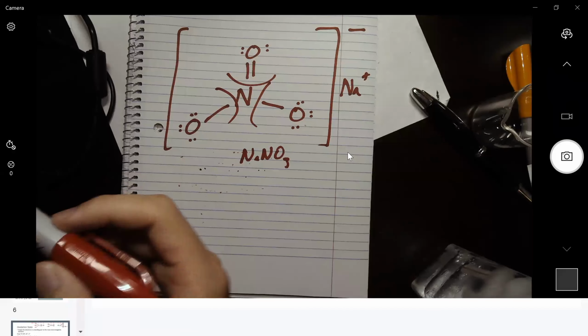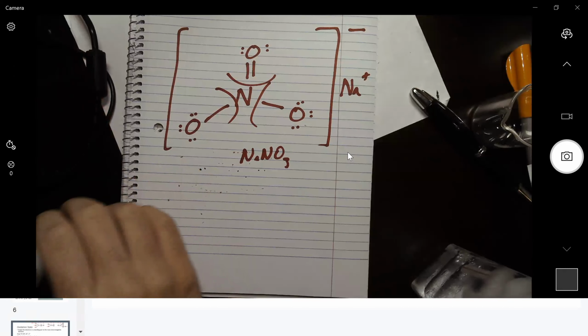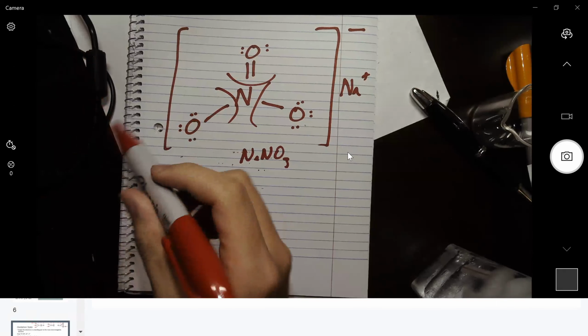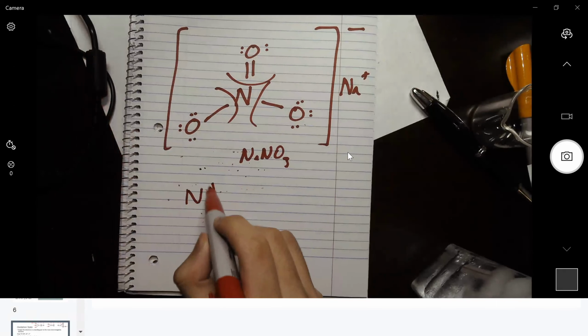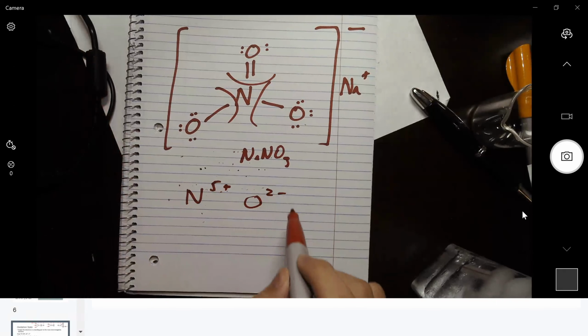So if it doesn't have any electrons, what's its oxidation state? Well, normally, how many electrons does a neutral nitrogen atom have? 5. So now we have 0. So it should be 5 plus, right? And the oxygens are each 2 minus.